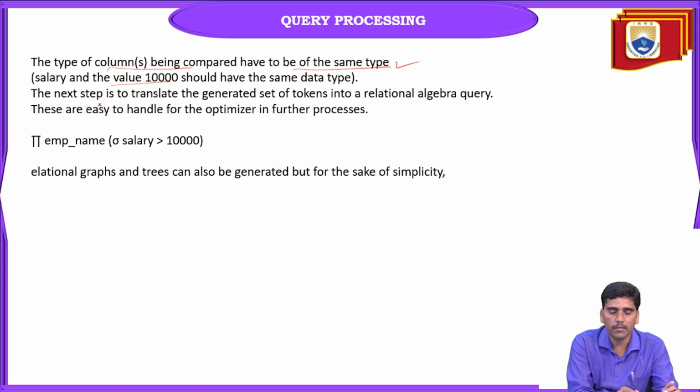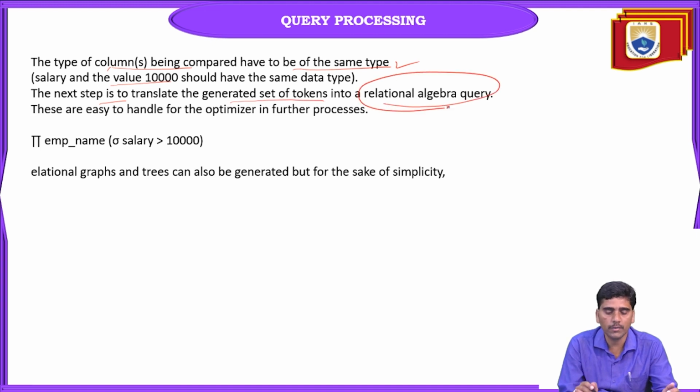The next step is to translate the generated set of tokens into a relational algebra query. These are easy to handle for the optimizer in further processes, so it is very easy for the optimizer to do the next step.